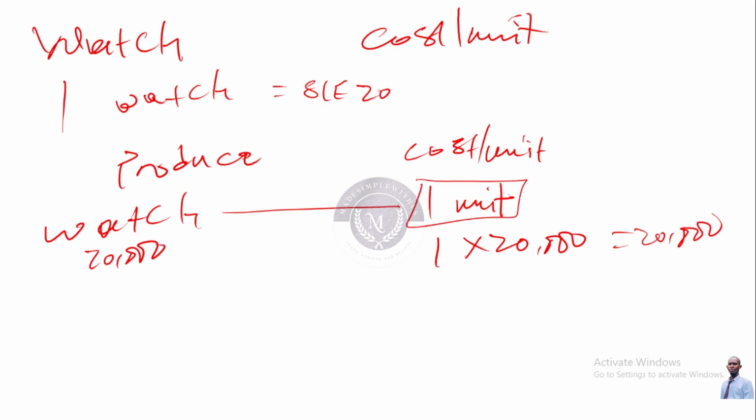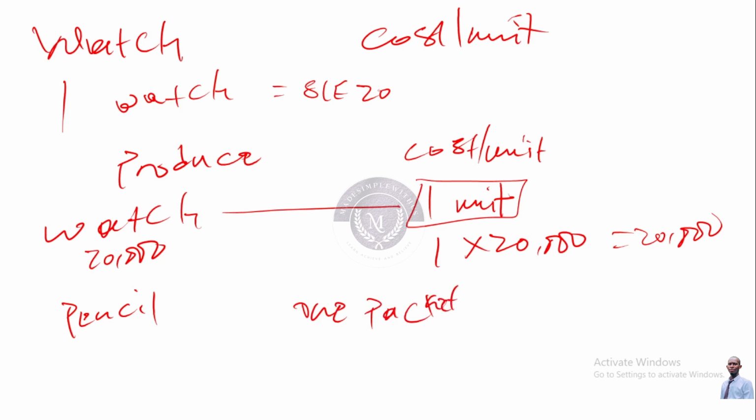So we move on to a pencil. We want to produce pencils and know the cost per unit for a pencil. But mind you, pencils are packaged as one packet. We are not going to take into consideration one pencil.